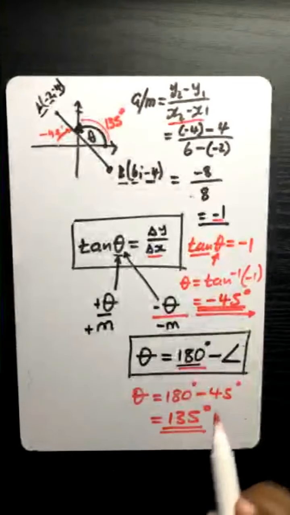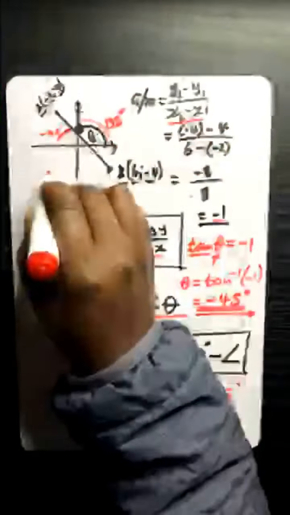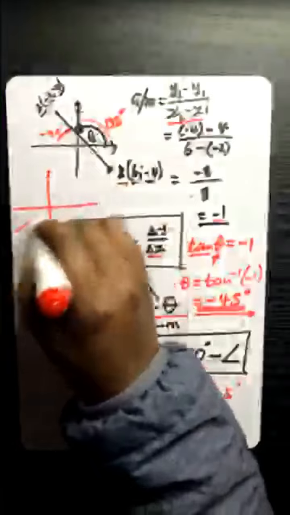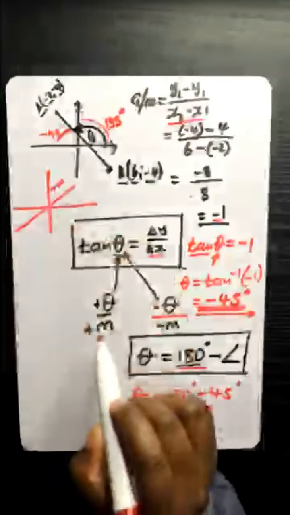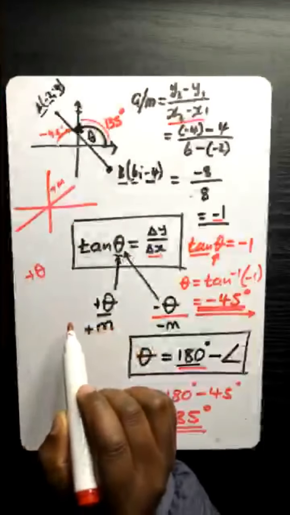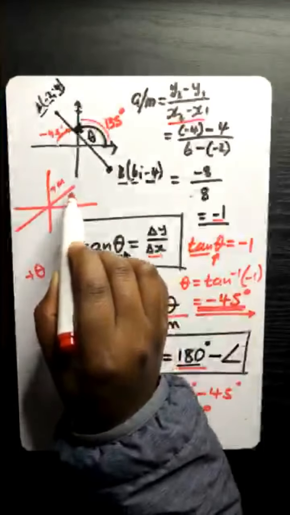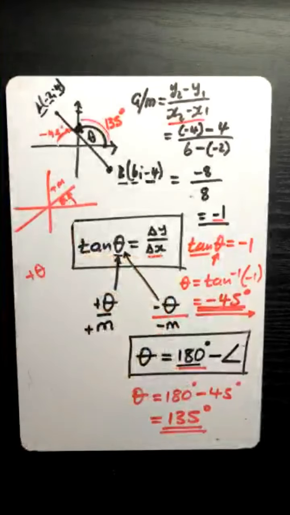This bigger number is that angle. But if you had something similar to this one, you were going to have a positive gradient, and therefore a positive angle theta, and that positive angle theta would be that one. Very, very much important, ladies and gentlemen.